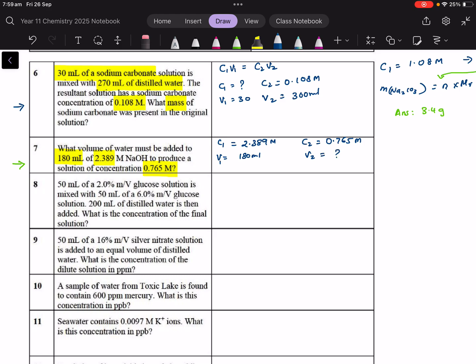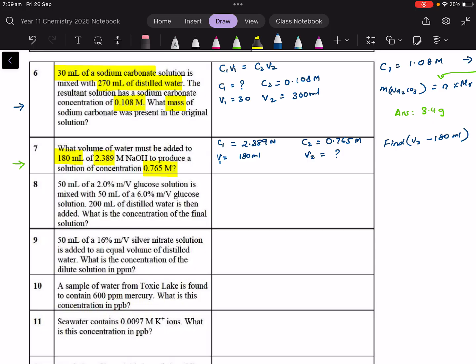And don't forget here, once you find V2, subtract it from the 180, because you're adding. The question's asking you how much would you add. So whatever answer you get, find V2 and then subtract 180 milliliters from it.